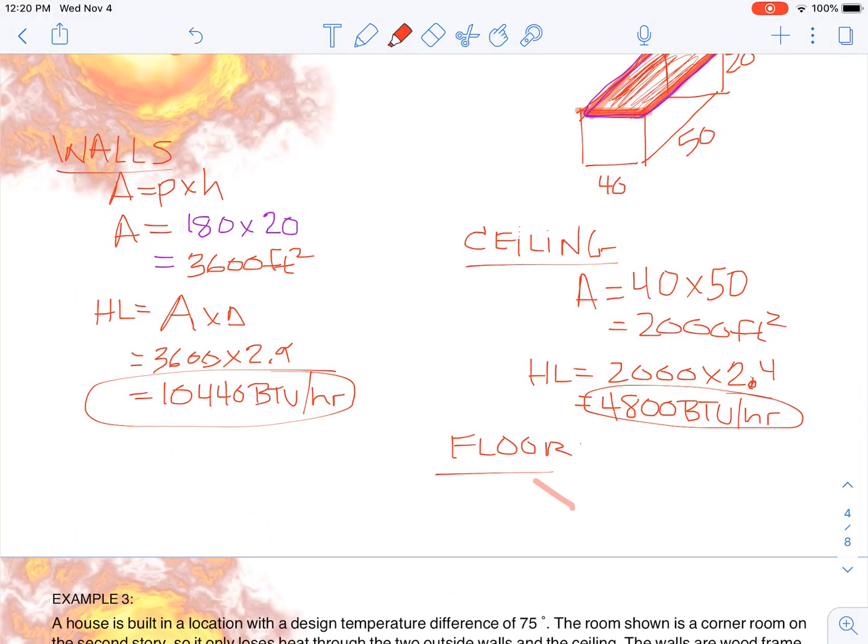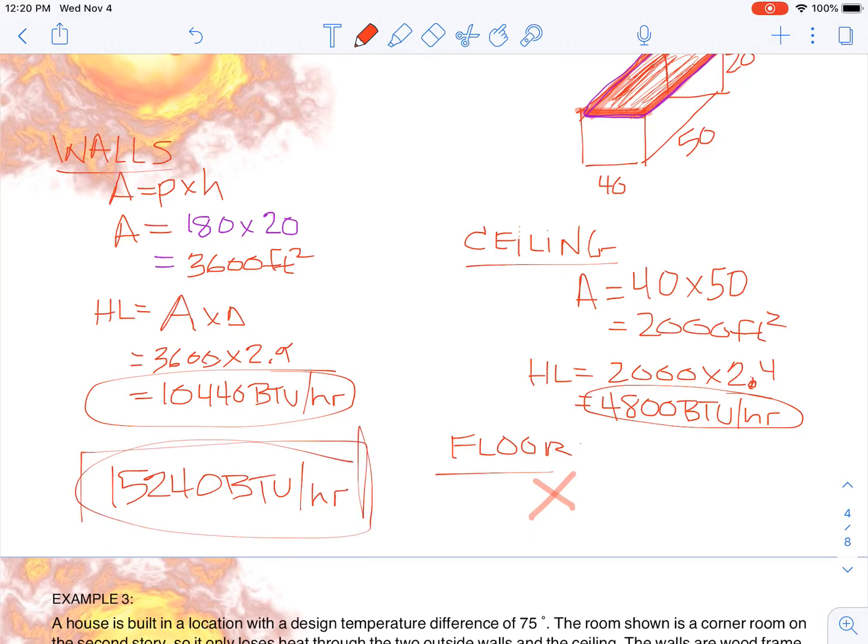So we don't need to calculate anything for the floor, but we do need to add our other two heat losses together. 15,240 BTUs per hour would be our total heat loss for that whole warehouse.